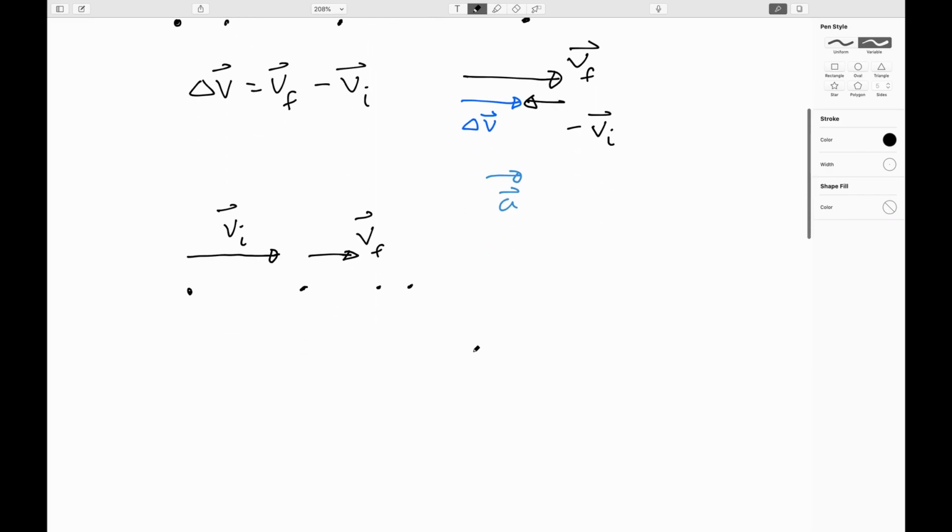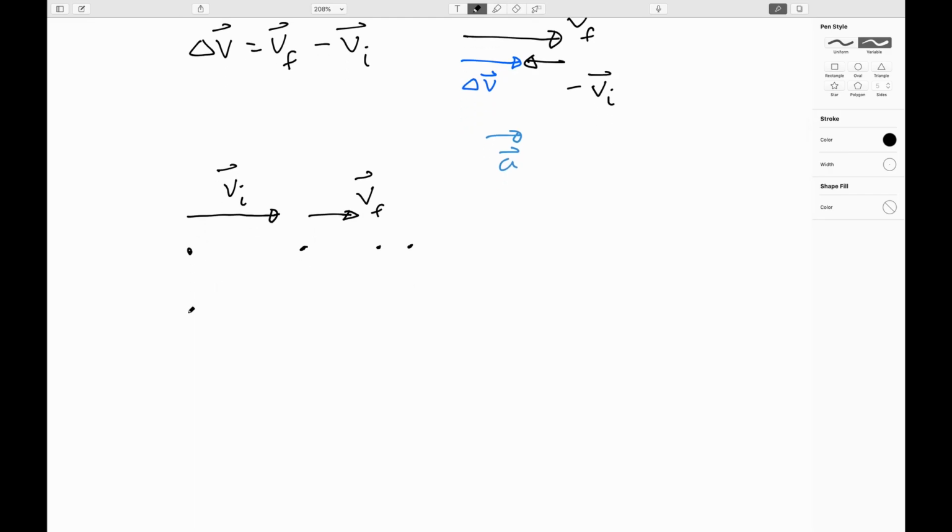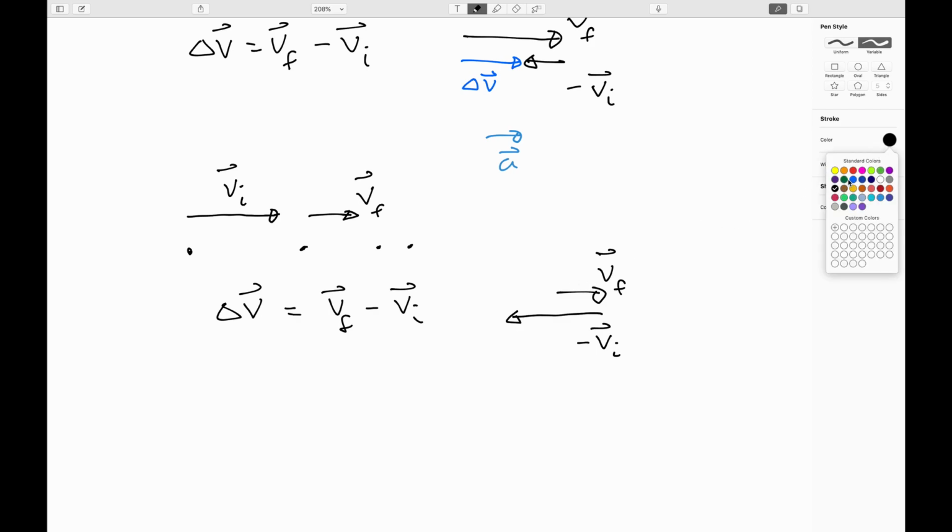So again, remember that the change in the velocity is always going to be v final minus v initial. So here's my v final, and I will add to that negative v initial, and then the resultant goes from the tail of what's left to the head of what's left. So here is my resultant delta v, and the acceleration points in the same direction.